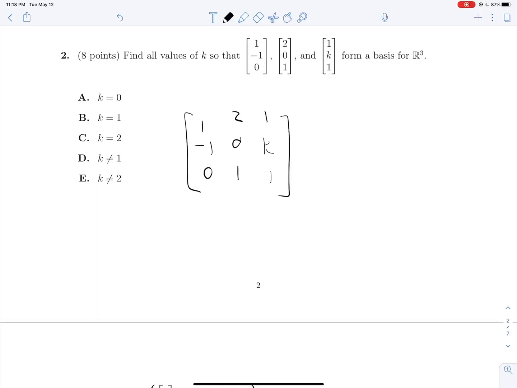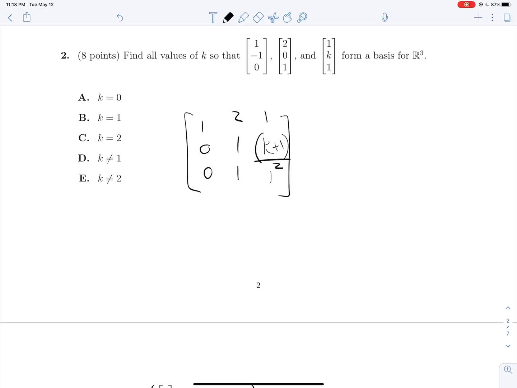Let's add row 1 to row 2. We will get a 0, a 2, and a K plus 1. And then, well, we're actually pretty much done. Let's divide row 2 by 2, and then we'll see that we definitely do not form a basis for R3 when these two rows are equal to each other, right?